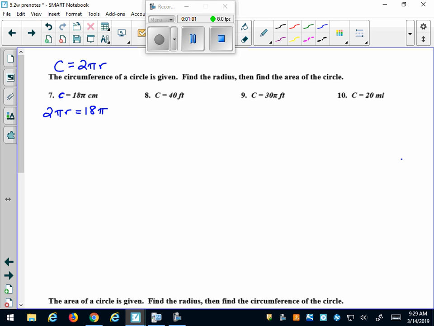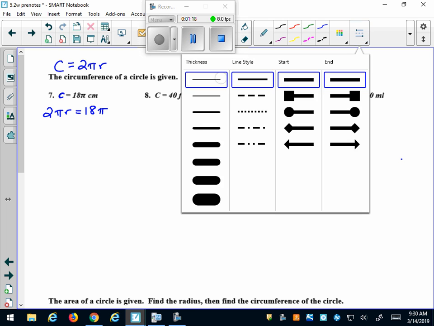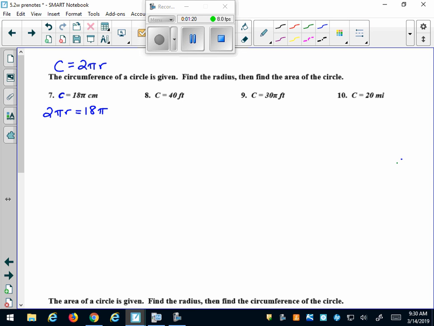So what are we going to do to solve for r, to get r all by itself? Yep. Good. We can divide by 2 pi. Now, be careful here. We can do this one pretty much in our head, so it's not as critical, but I'm going to tell you what happens with the calculator.